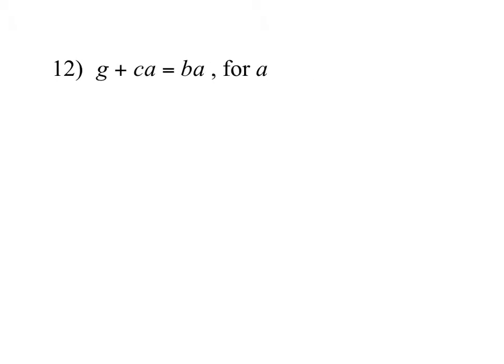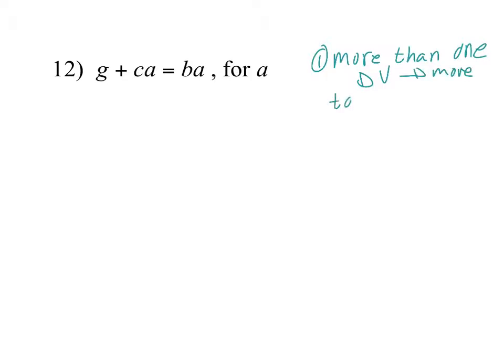Okay, so I'm going to go ahead and assume that no news is good news. So first of all, I have more than one designated variable. I don't have anything to worry about in the denominator, so I can skip that. But I have more than one designated variable, so I have to move to the same side. And why?